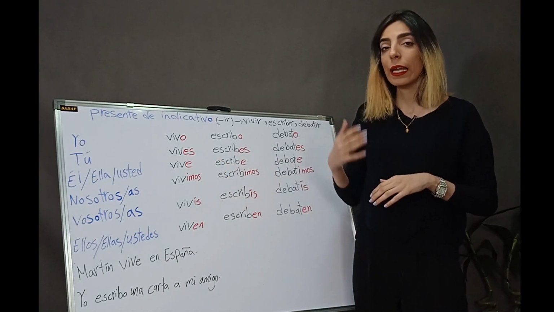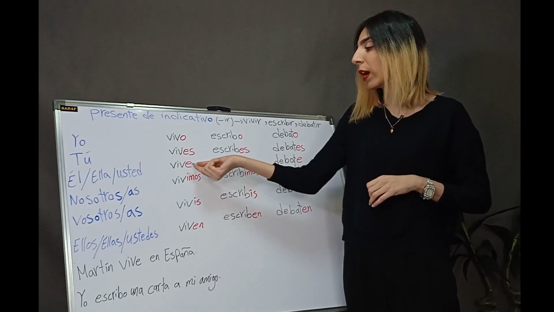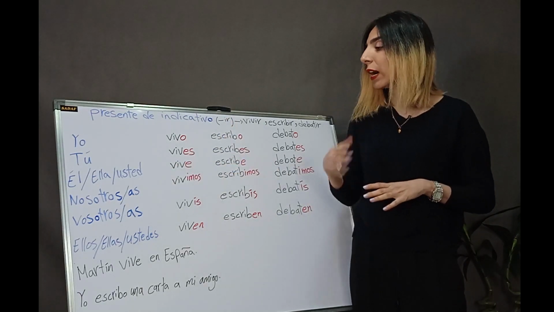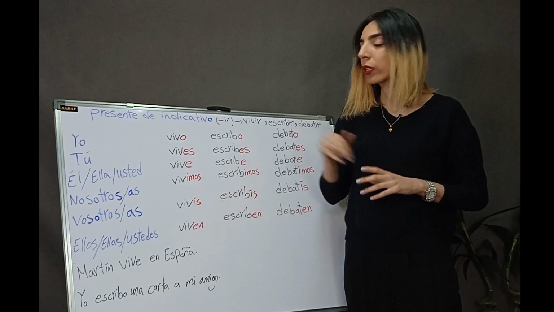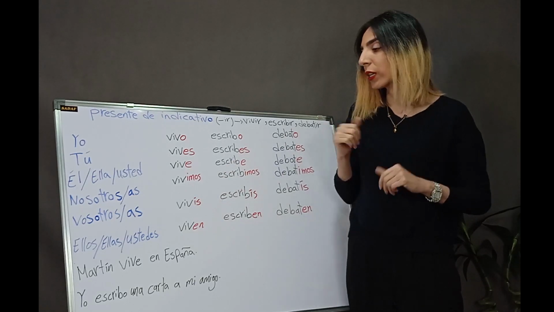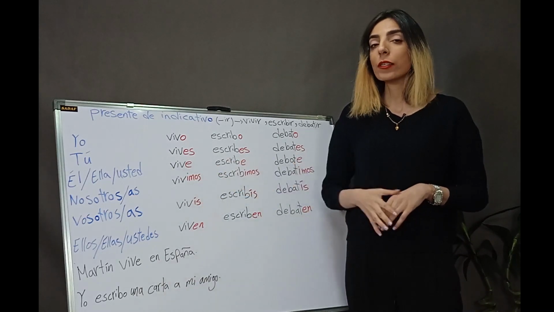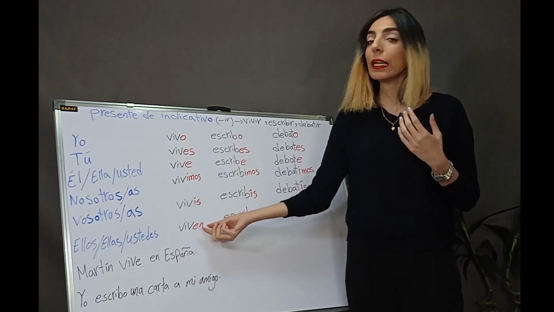For él, ella, usted, we have to add e. For nosotros, nosotras, we have to add imos. For vosotros, vosotras, we have to add is. For ellos, ellas, ustedes, we have to add en.